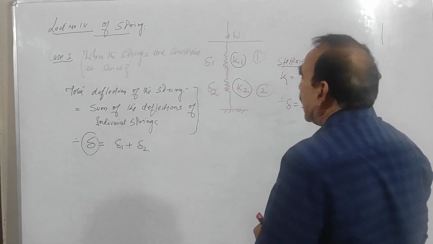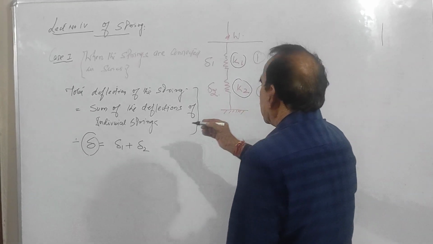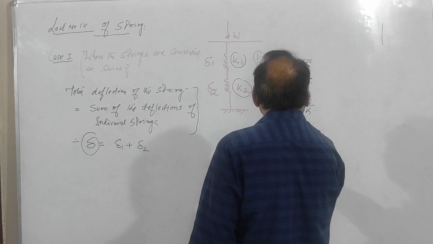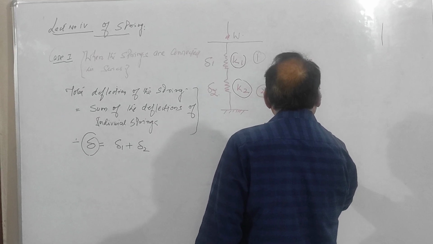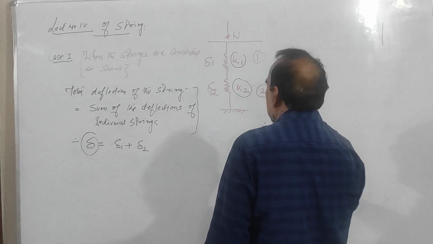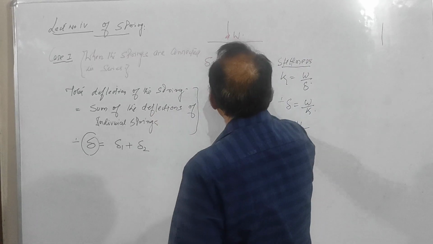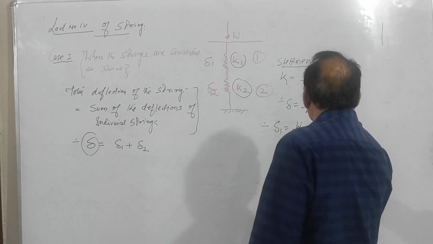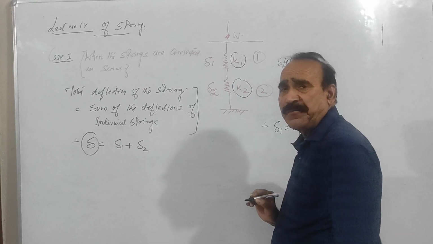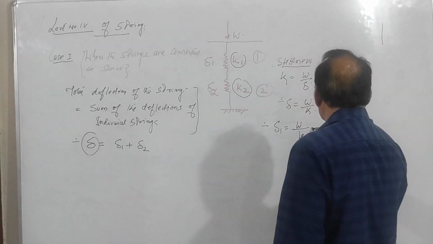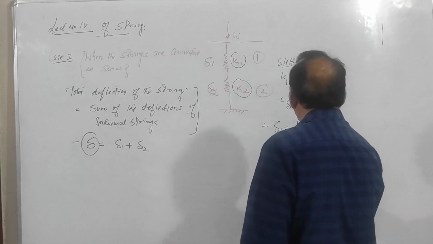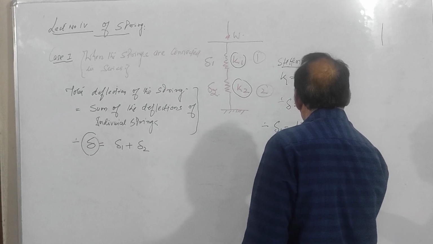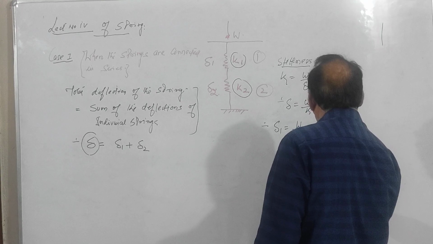So delta 1 will be W upon K1, since W remains the same and the stiffness of spring number 1 is K1. Also delta 2 is equal to W upon K2.